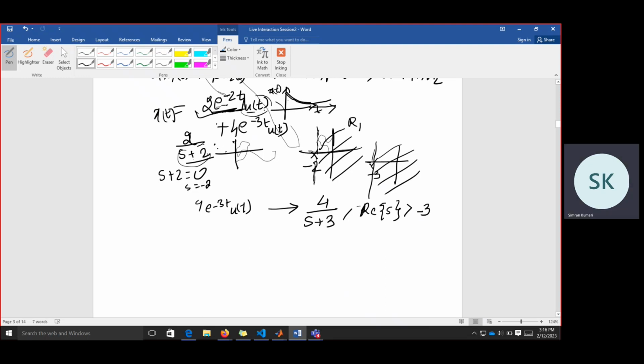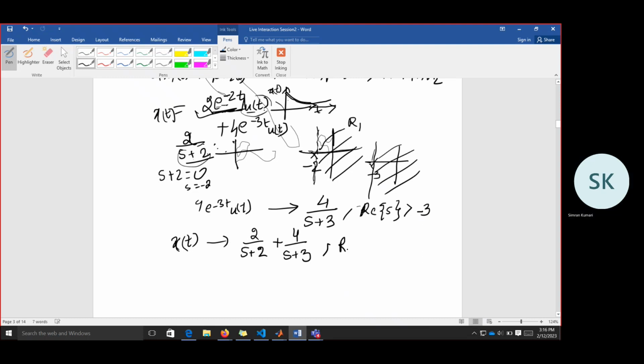Okay, now x(t) is the sum of these two. So what will be the Laplace transform of x(t)? This will be 2 by (s plus 1)(s plus 2) plus 4 by s plus 3, and the ROC is this intersection.